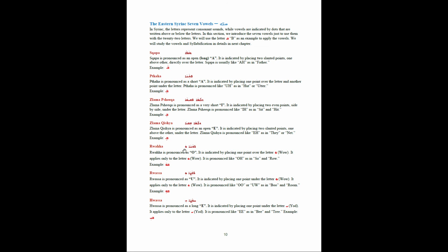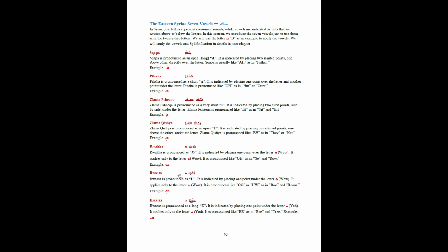And the sound is going to be O. Like here, we're going to have it with the Beth, B, with the Rwaha, Bo. Now note, those are not two letters. They look like two letters, the Waw, but that above it is not a letter anymore, it is a vowel. So it's going to be Bo.